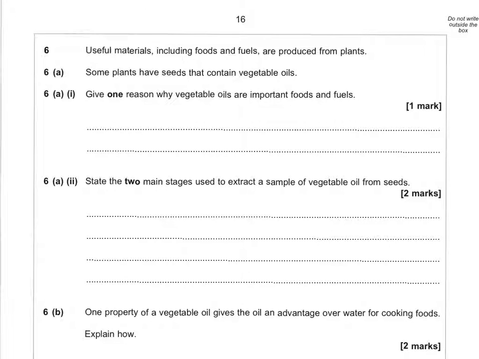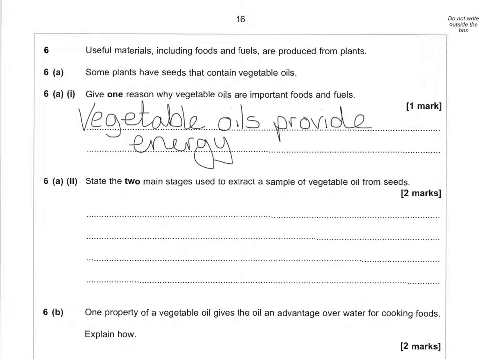Right, so we're on to question 6, which is the last question of this exam. Useful materials including foods and fuels are produced from plants. Some plants have seeds that contain vegetable oils. Give one reason why vegetable oils are important foods and fuels. Okay, so this is just saying that the vegetable oils provide energy. Question 6a2.